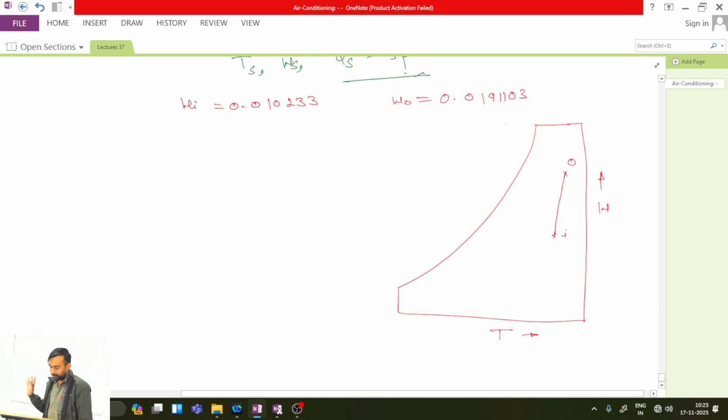We have calculated WI, W naught. Now next step is, can I calculate OASH? Outside air sensible heat. How much it will be? 0.0204 QV naught into T naught minus Ti. How much it is?